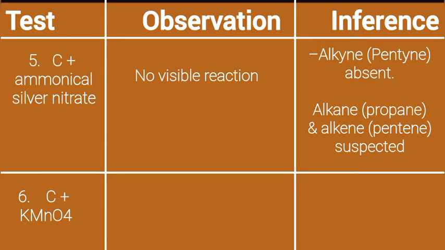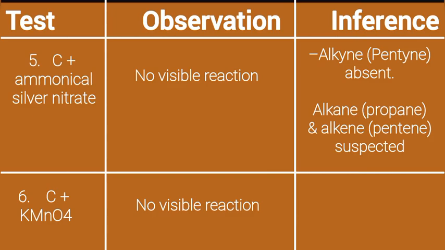Now suppose that I add potassium permanganate to the test tube containing liquid C, and again there is no visible reaction. It simply means that liquid C is an alkane, which in this case is propane. So I would write that C is alkane, propane confirmed.